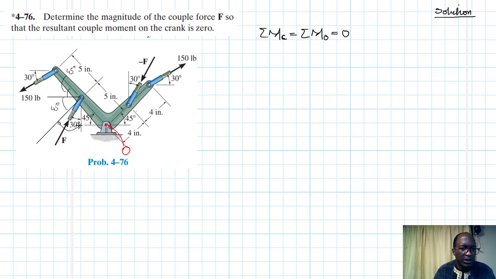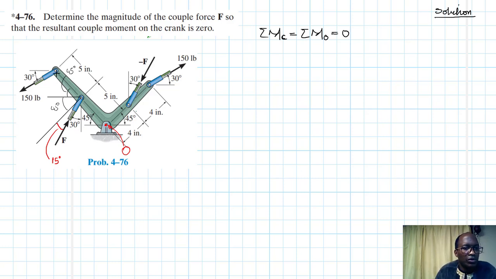So if this is 45, then we can subtract 45 minus 30 so that we get this angle here. So that small angle is going to be equal to 15. This is 15. We need that so that we just get one component of this particular force.